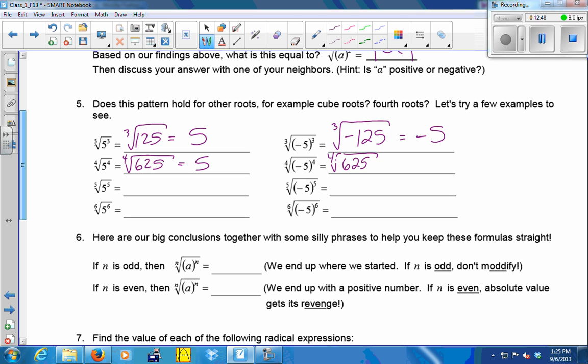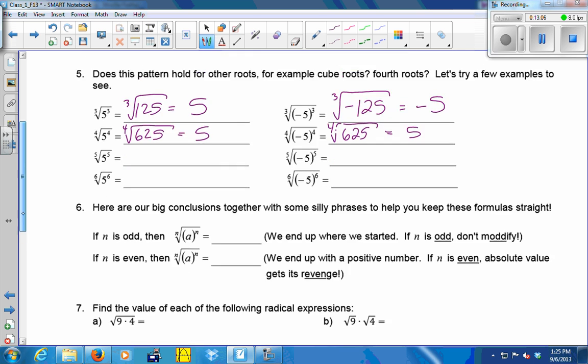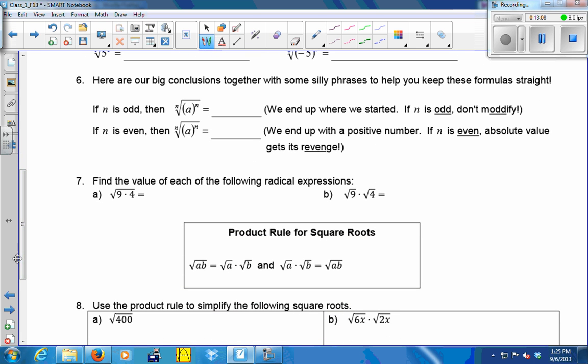They multiply together to make a positive. And what number do you raise to the 4th to get 625? 5. So with the 4th root, we got the absolute value thing. We plugged in a negative and we got the positive out. Okay, so the output's always the absolute value when the index is even.